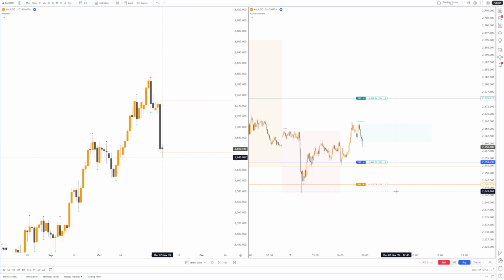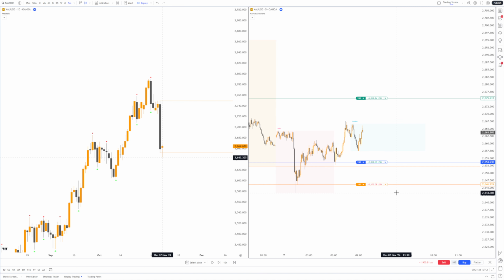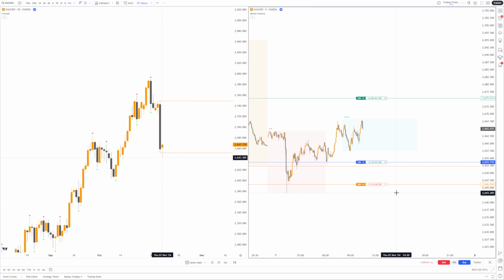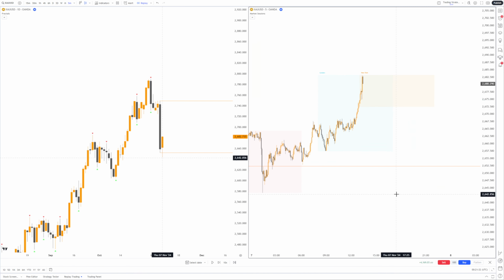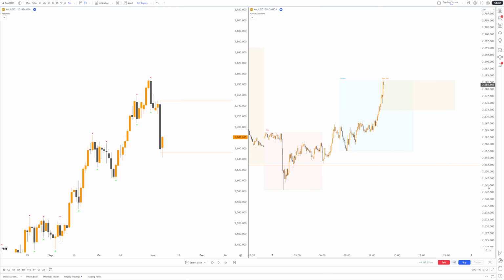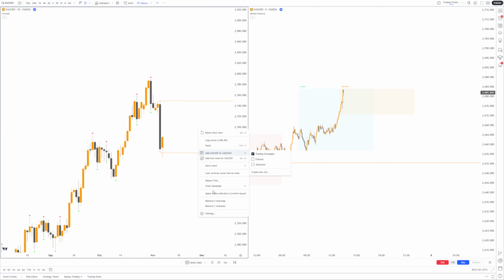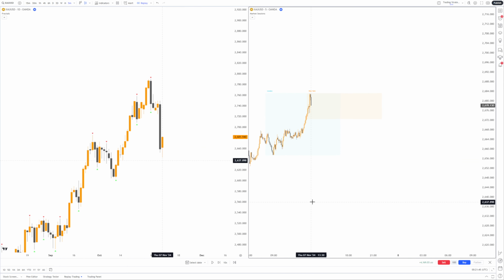So let's see how that plays out. Okay, we are still trying to climb up higher. We hit TP. Brilliant. So now we are up 4.169k. Let's move on to the next day and see what actually happens.